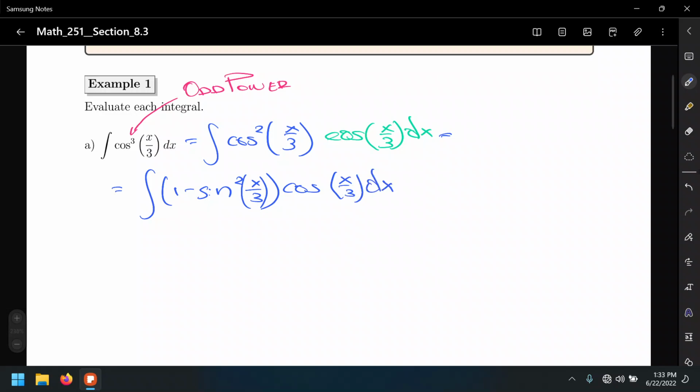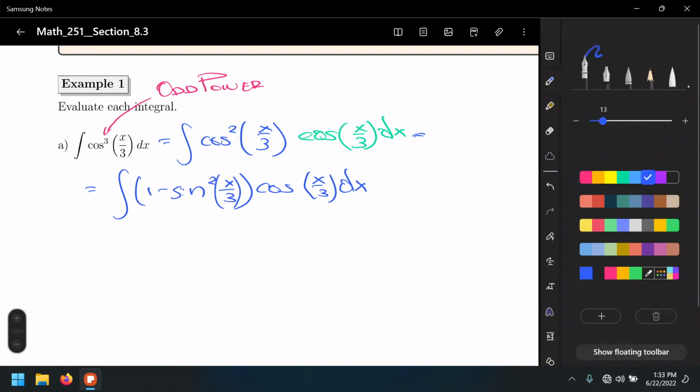The thing is that we have sine squared over here, which can very well work as the u, because what's the derivative of sine? Cosine. Don't we have that factor of cosine multiplying with the dx here?